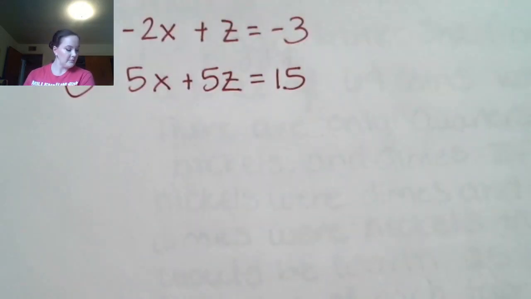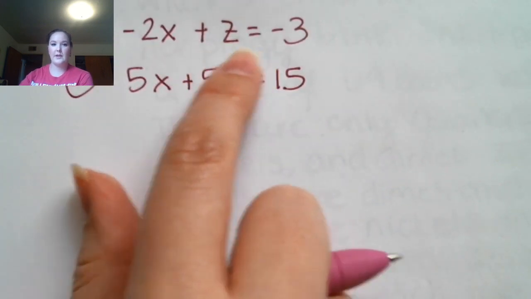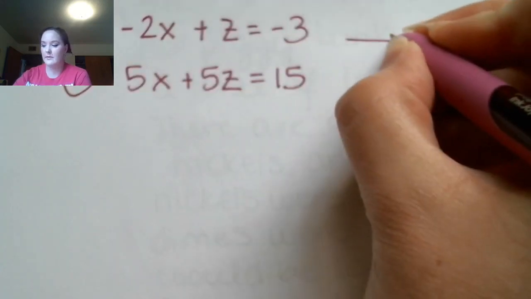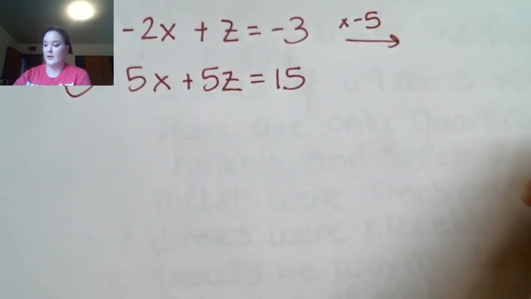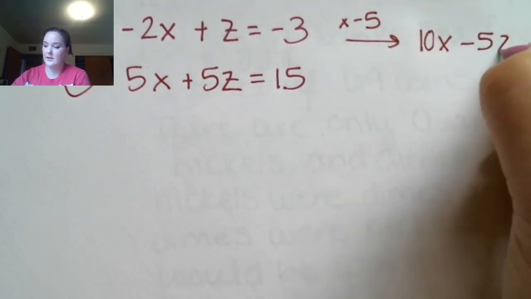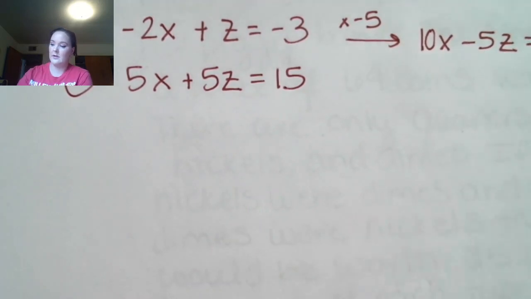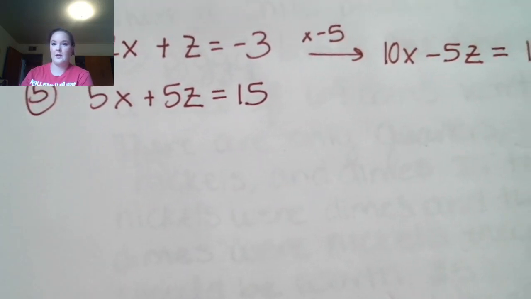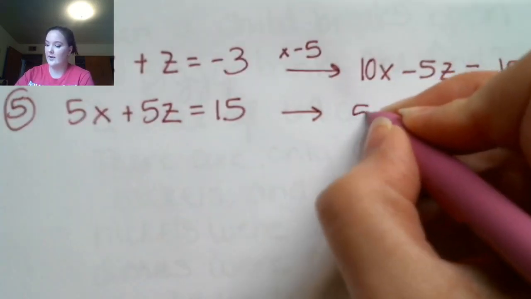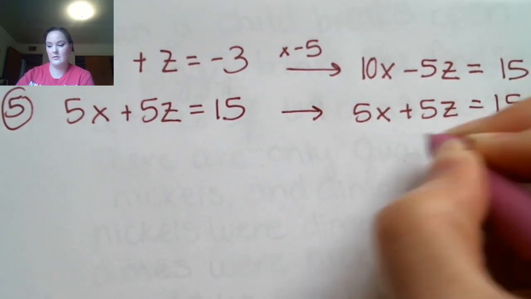Okay, so I'm going to go ahead and multiply my top equation by negative 5 so that I can eliminate my z's. Okay, so this will be 10x minus 5z equals 15. Okay, and then here I'm going to just copy it down. So I'll have 5x plus 5z equals 15.